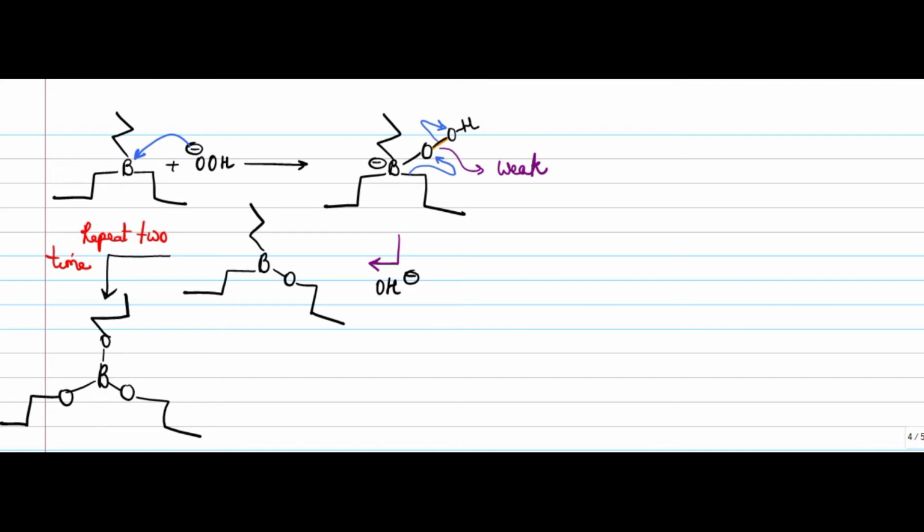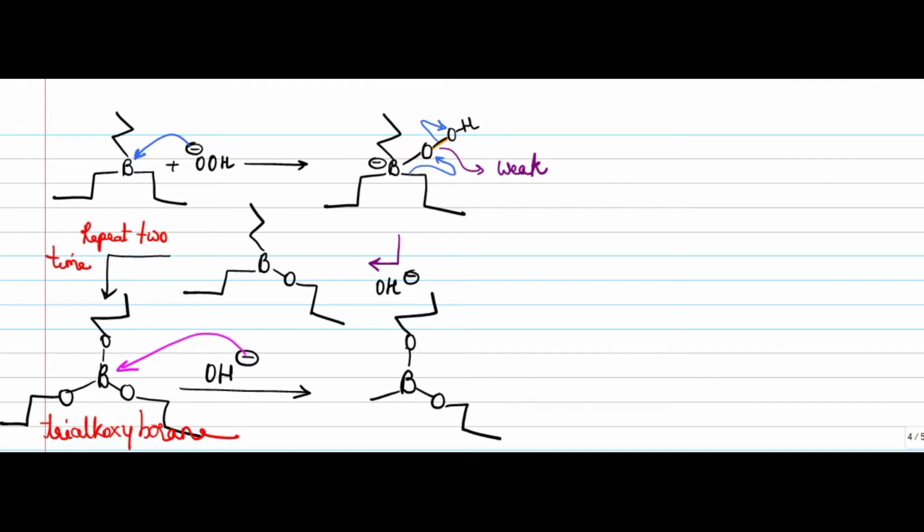This is called trialkoxyborane. This trialkoxyborane again, the boron still has only 3 bonds, so OH minus can add here, and you have O, this again becomes minus.